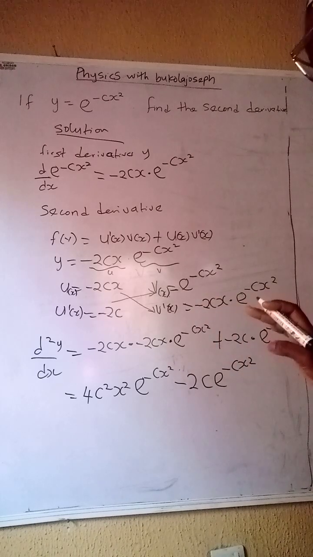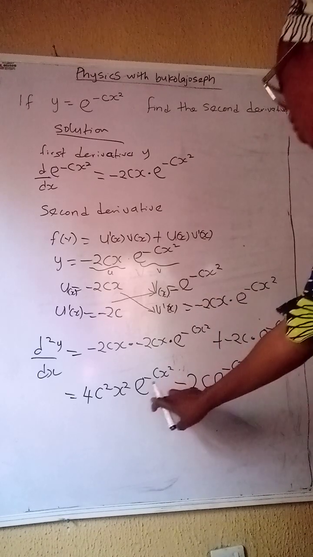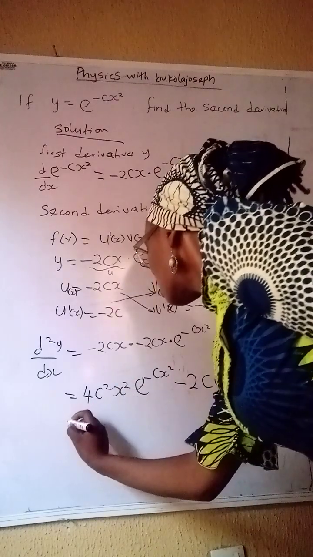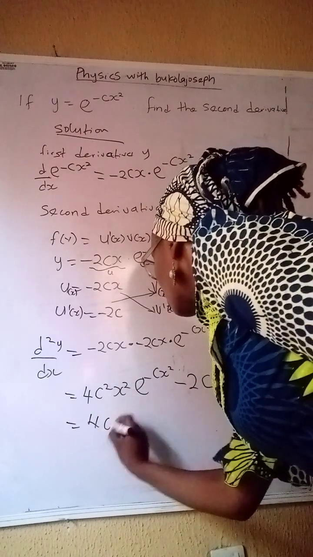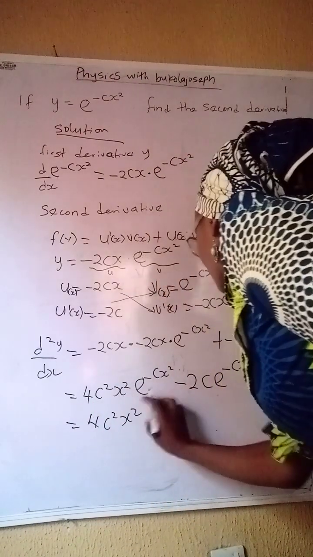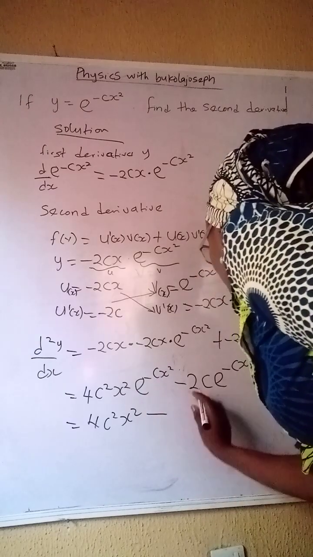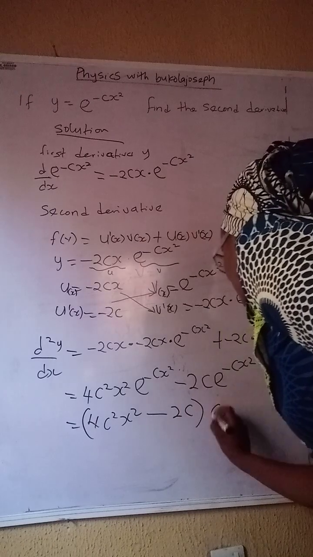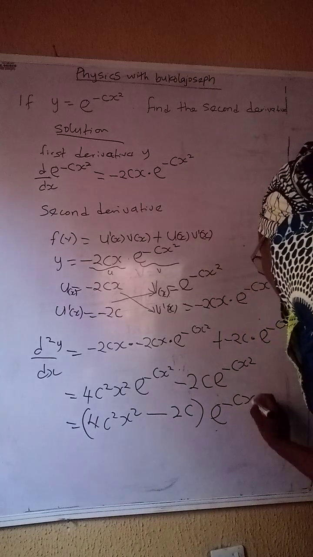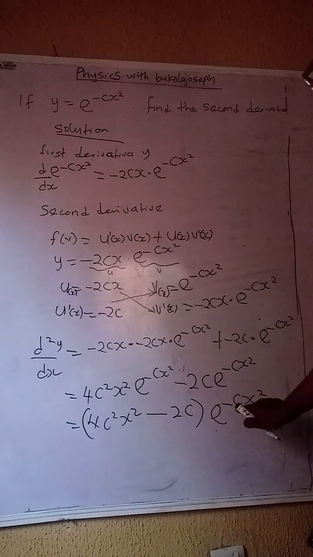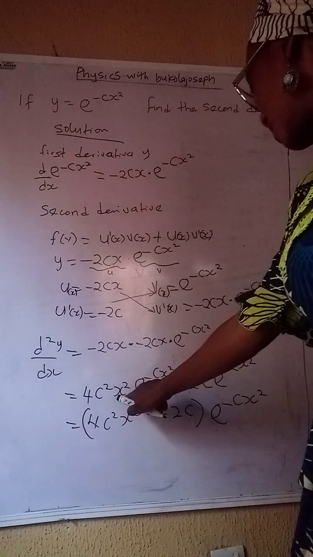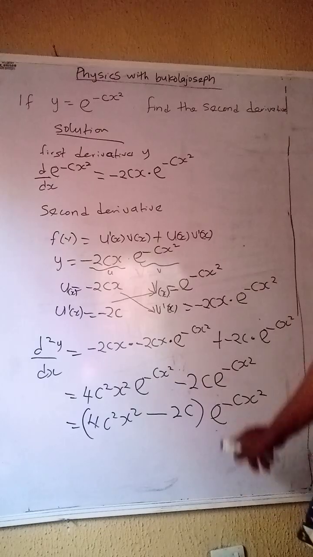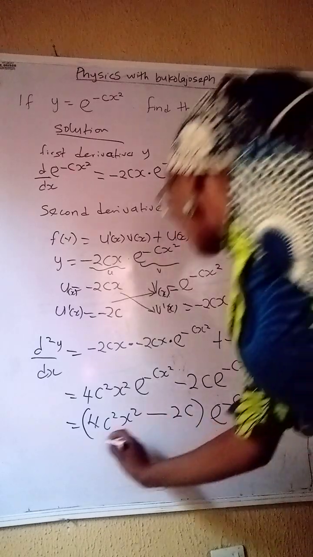Now the next thing we'll do is factor out the exponential. It becomes 4c²x² and, if we bring this out, minus 2c. If we multiply back, this times this comes back to this, and this times this comes back to this. So this is the final answer.